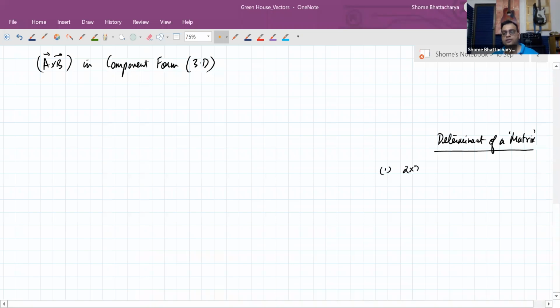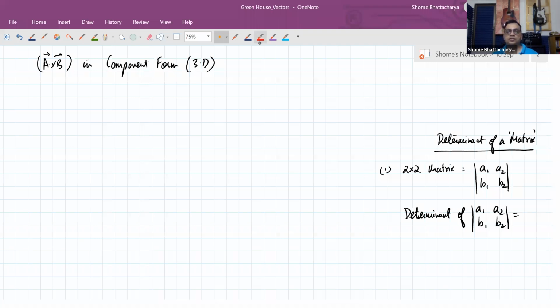A 2 by 2 matrix is given by this kind of an arrangement. It's an array of four numbers which we can write like this. You can use any notation, but here a1, a2, b1, b2, these are all numbers, and the determinant of this 2 by 2 matrix is given by this process.